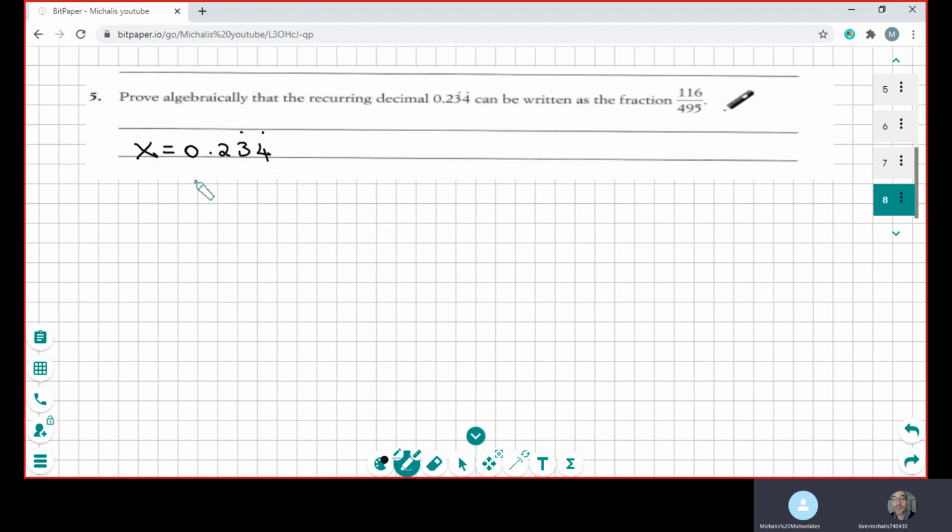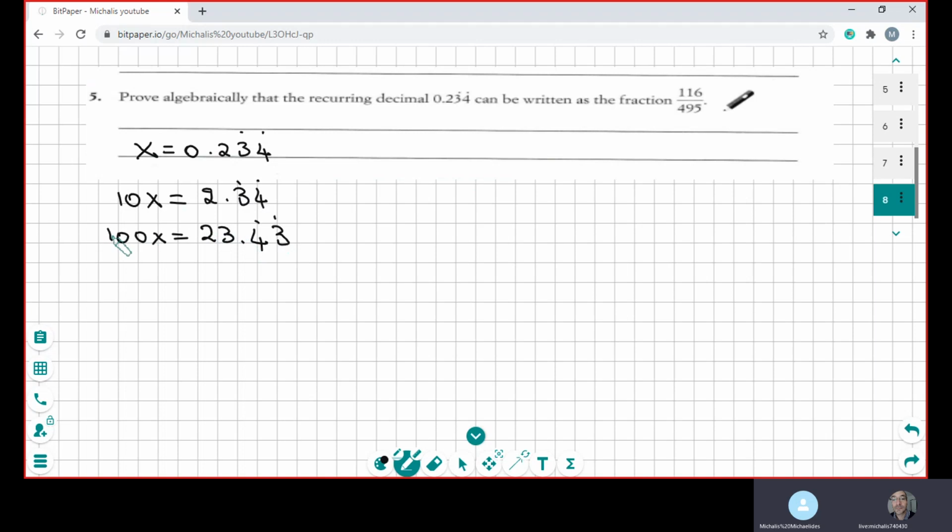Then I try to times both sides by 10. I times both sides by 10. So the right hand side is 2.343434. Then I times another time by 10. So 100x is 23.4343. Now I check whether I can eliminate the recurring decimals by subtraction, but it's not possible because the decimals are not in the right position.